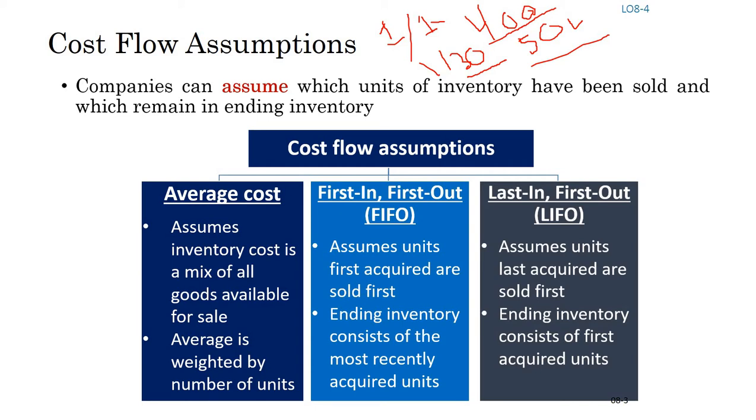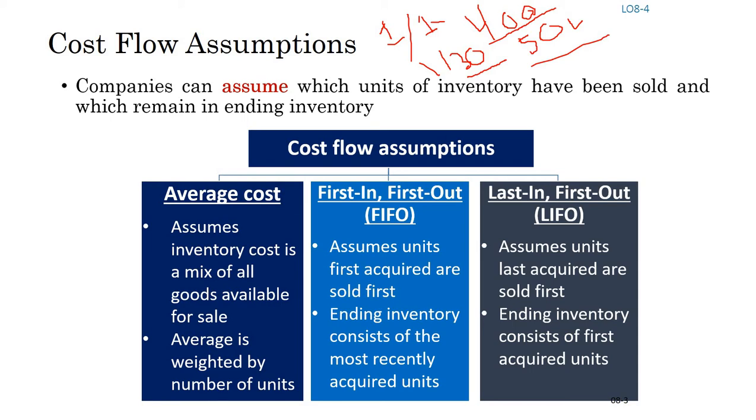The first one is average cost. It assumes inventory cost is a mix of all goods available for sale, and the average is weighted by number of units. So total cost divided by total number of units.